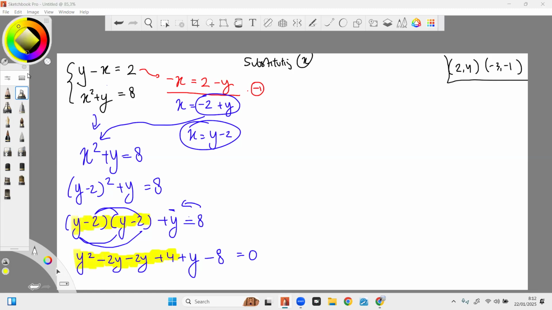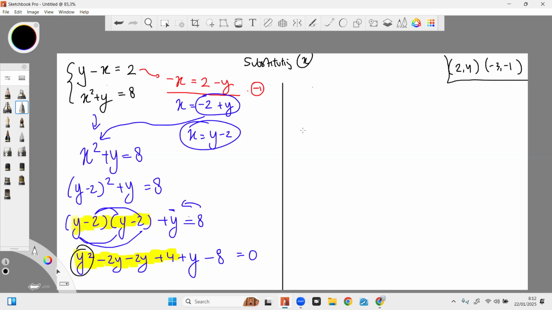Then you solve it properly, you find the like terms and so on. y squared, put it here. What is -2y minus 2y? -4y, right? -4y plus 1y, -4 plus 1, 3y. Minus 8 equals to 0. Wrong. Minus 8 plus 4, minus 4 equals to 0.